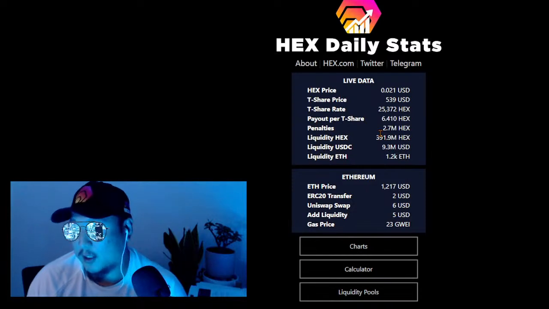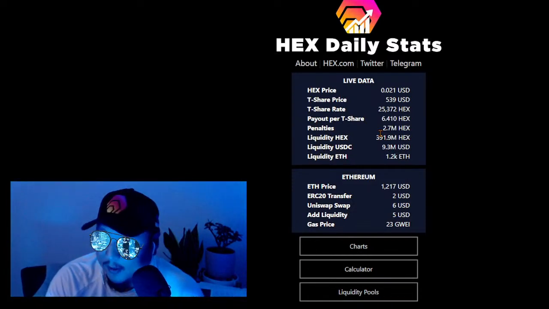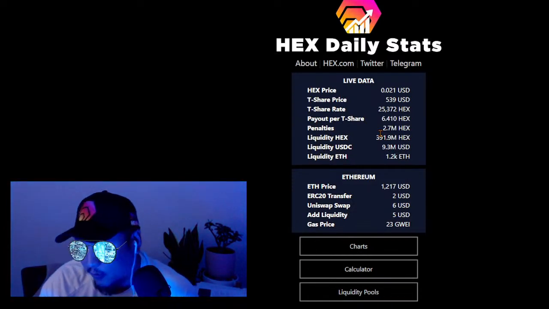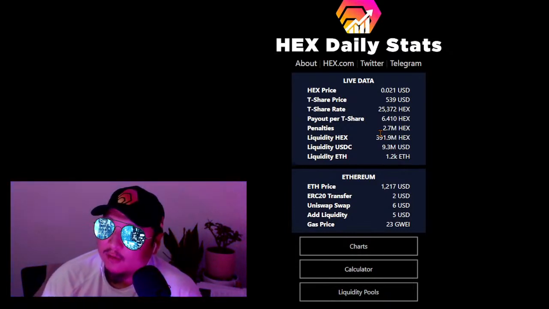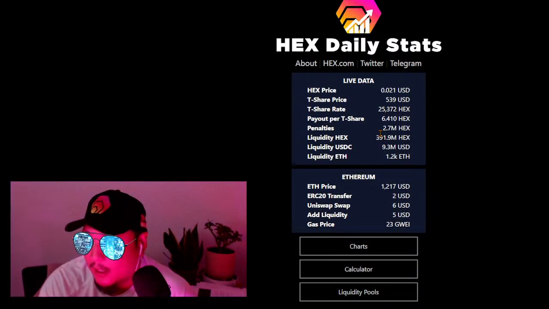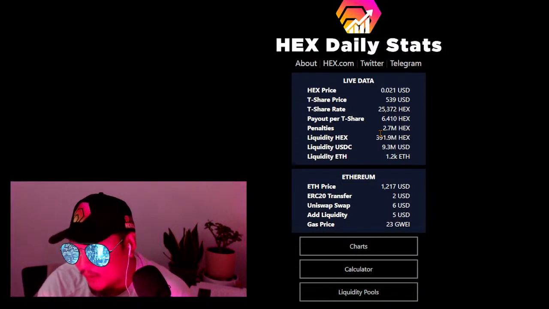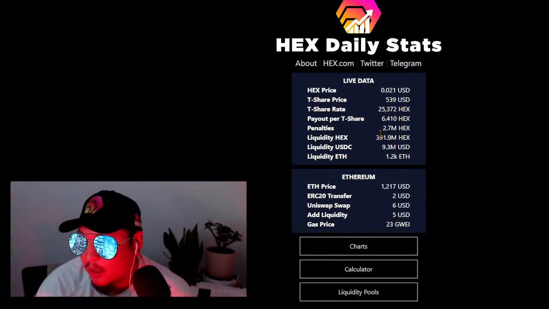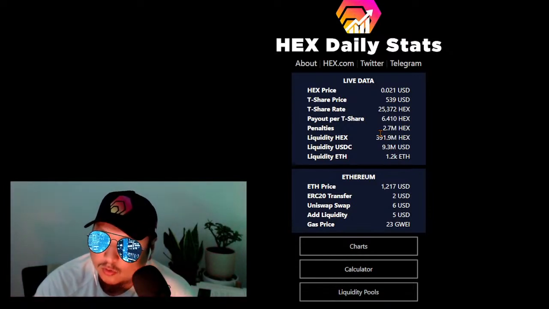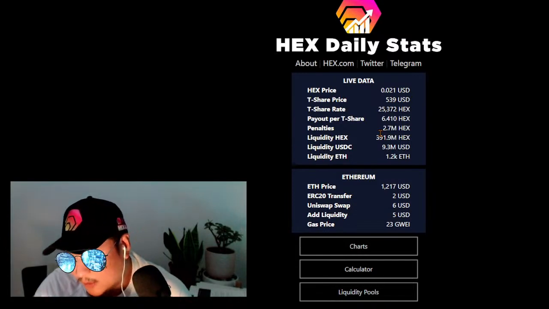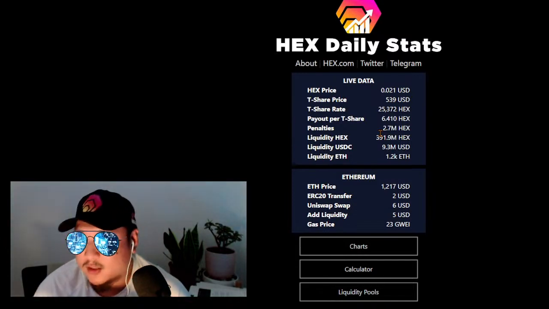Now that's with, say, a time length slider that you would be moving out, if you could imagine that visually in your mind. You could also have one stake, however many HEX, however many days. Once it ends, most likely it would require you to put more HEX in for the same days to obtain the same amount of T-shares.